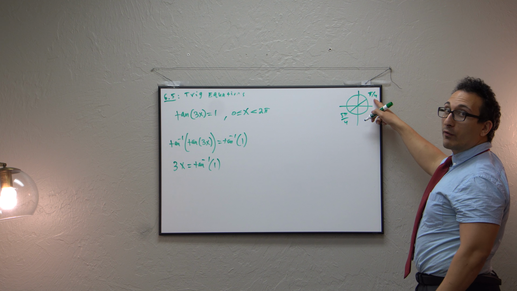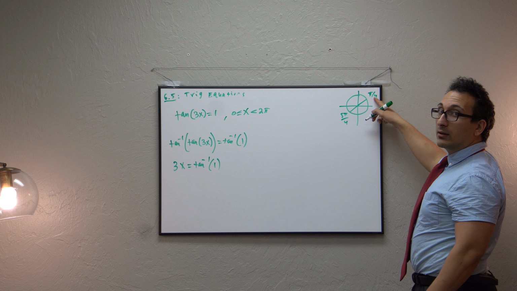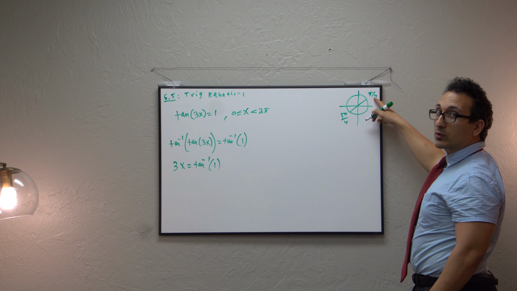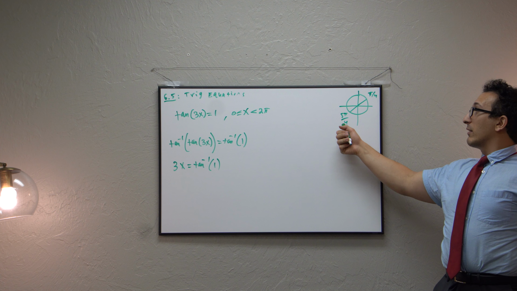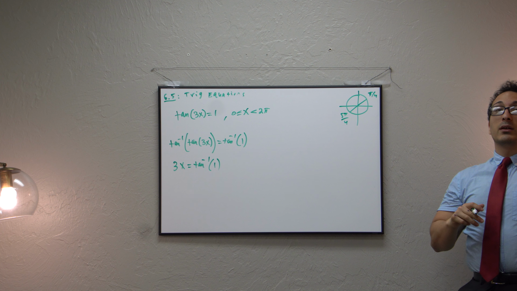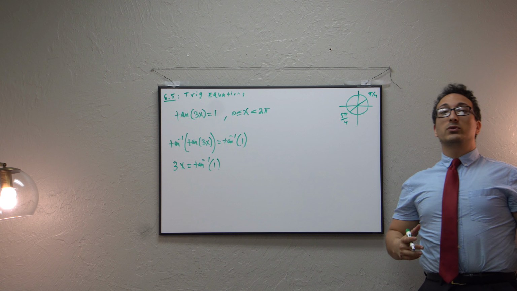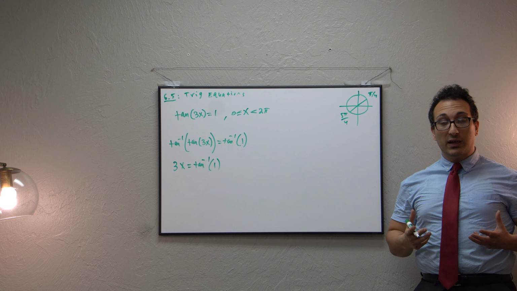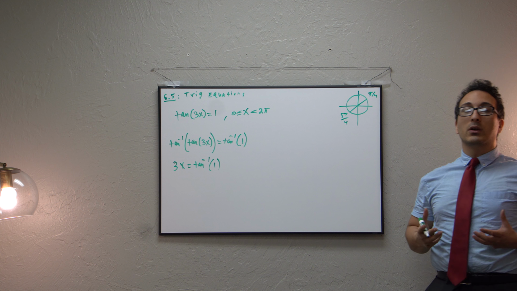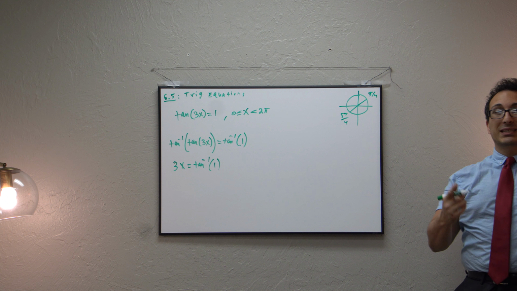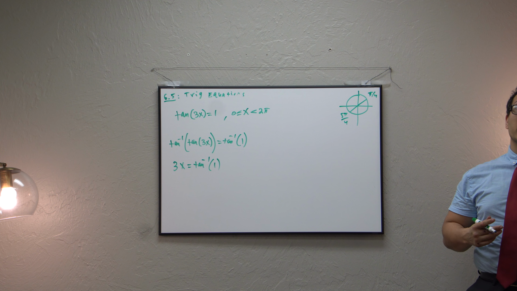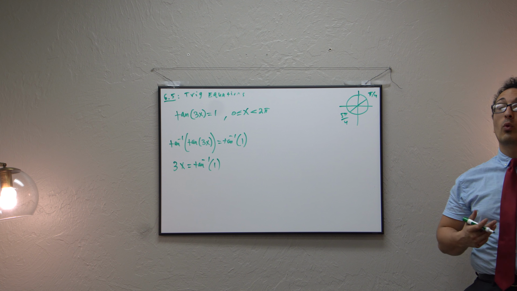At pi over 4, sine over cosine is square root of 2 over 2 divided by square root of 2 over 2. And at 5 pi over 4, sine over cosine is negative square root of 2 over 2 divided by negative square root of 2 over 2. These both reduce to the number 1. So it is precisely at these two angles that the tangent function will output a value of 1.